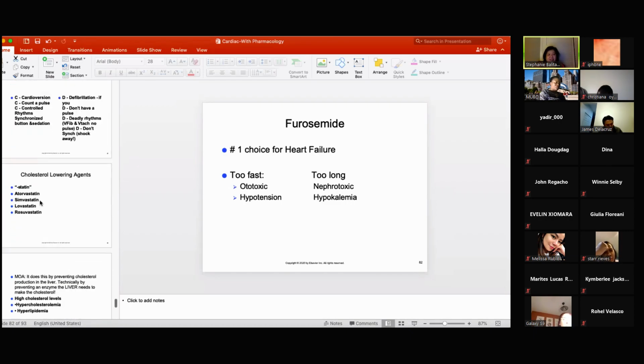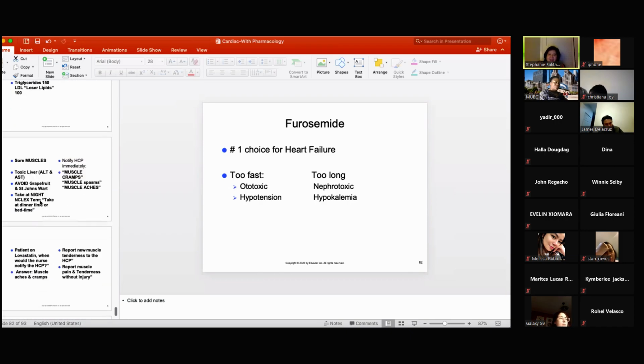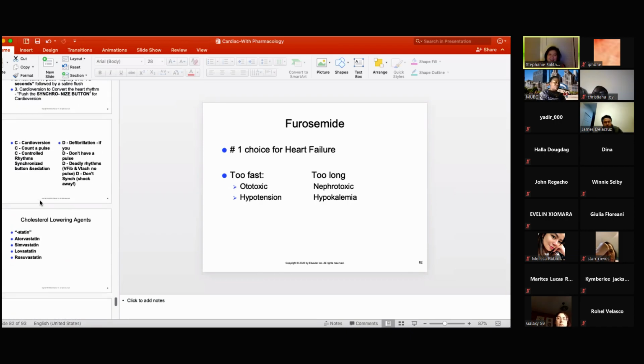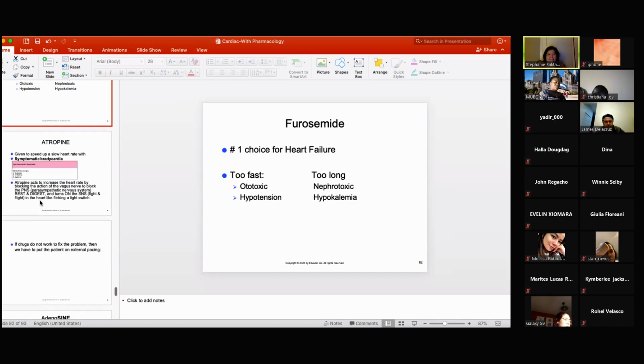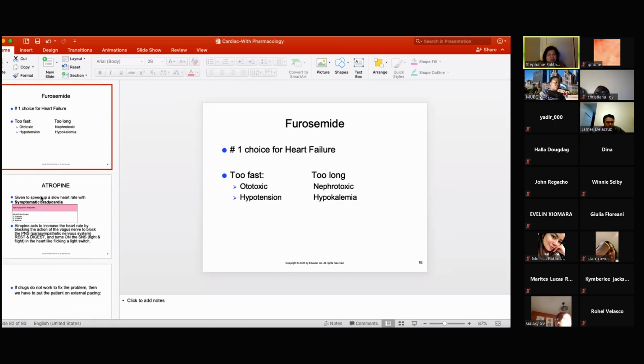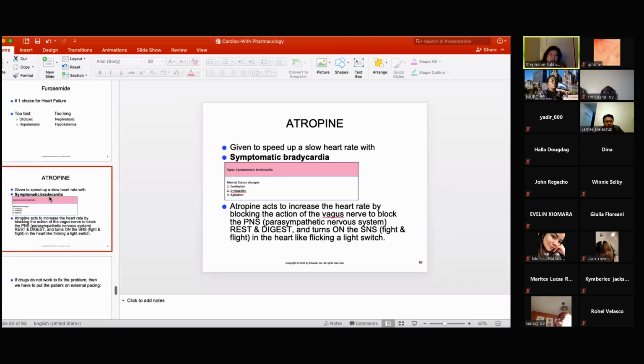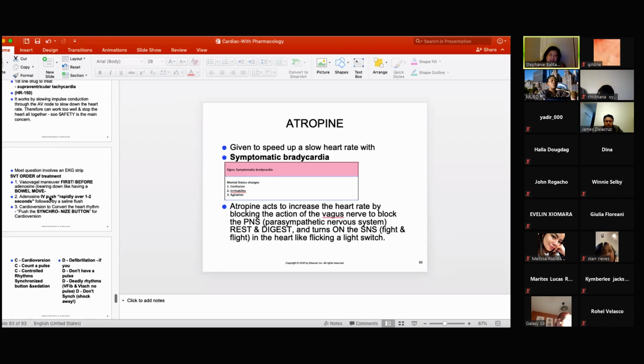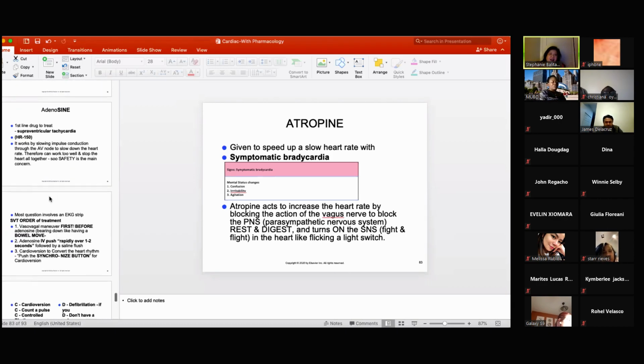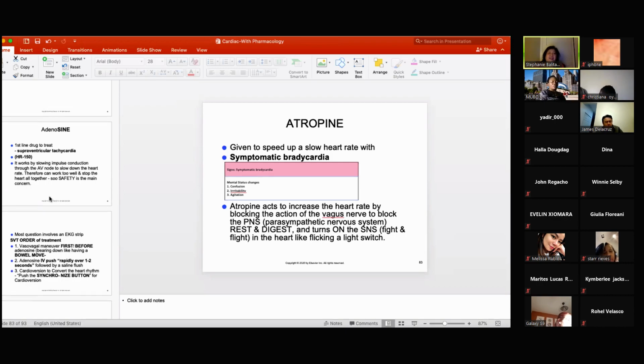Questions? We're moving into something else. Still cardiac, but now we're going into dysrhythmias, your anti-dysrhythmias. I'm just going to tell you that the 2 medications we have in here are anti-dysrhythmia.